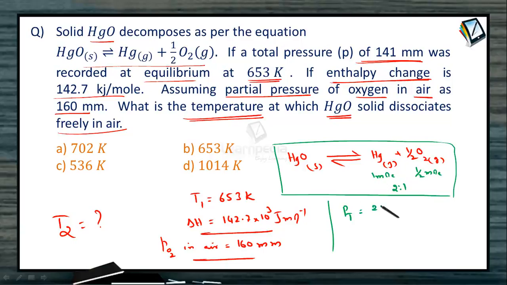In other words, mercury vapor corresponds to 2/3 of 141 by 760 atmospheres, whereas the oxygen part corresponds to 1/3 of 141 by 760, which will become partial pressures of these two gases. So let us find out what is the equilibrium constant Kp at 653 Kelvin temperature.